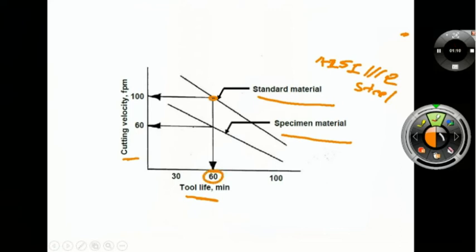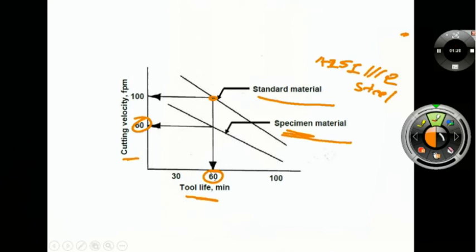And for the specimen material under investigation, at a cutting velocity of 60 RPM, a tool life of 60 minutes is obtained.